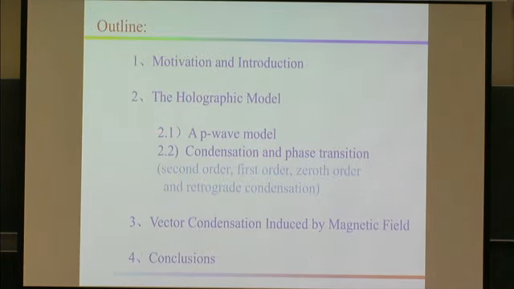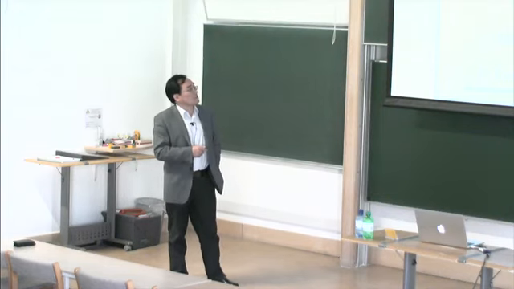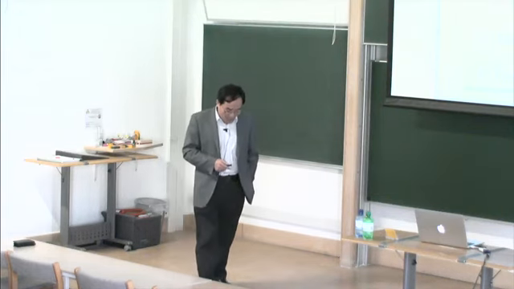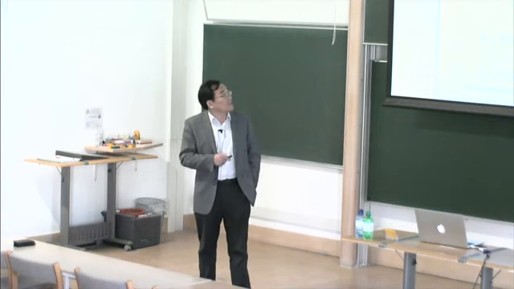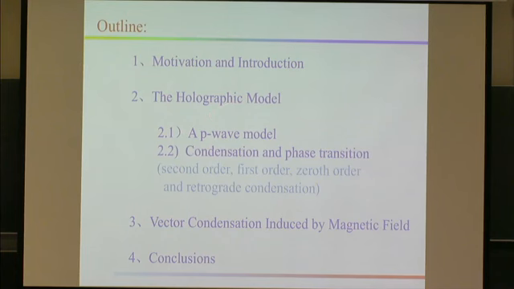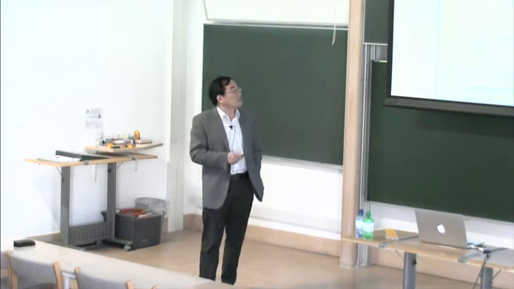This is the outline of my talk. After a very brief mention of the motivation of my research, I will present our model. Basically, this is the Einstein-Maxwell complex vector theory in anti-de Sitter space. After solving the model numerically, we found the system contains a very rich phase structure.